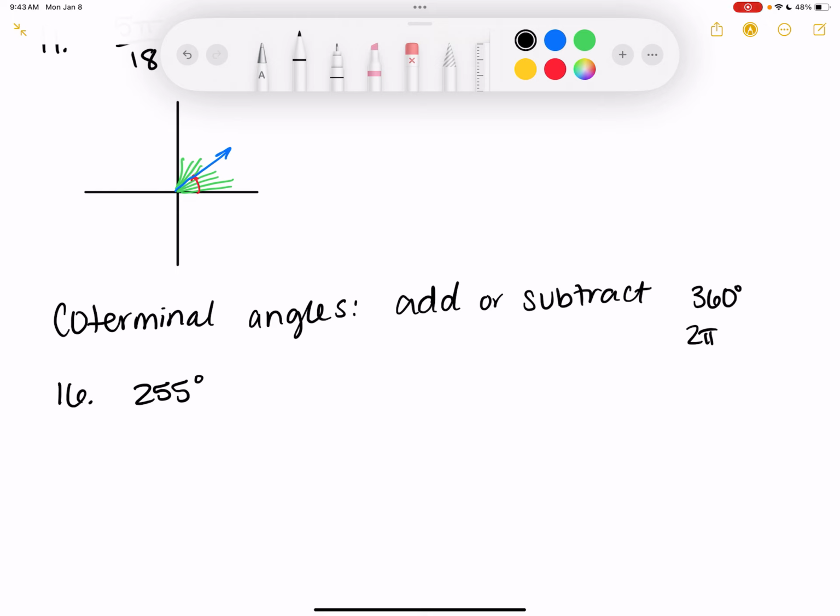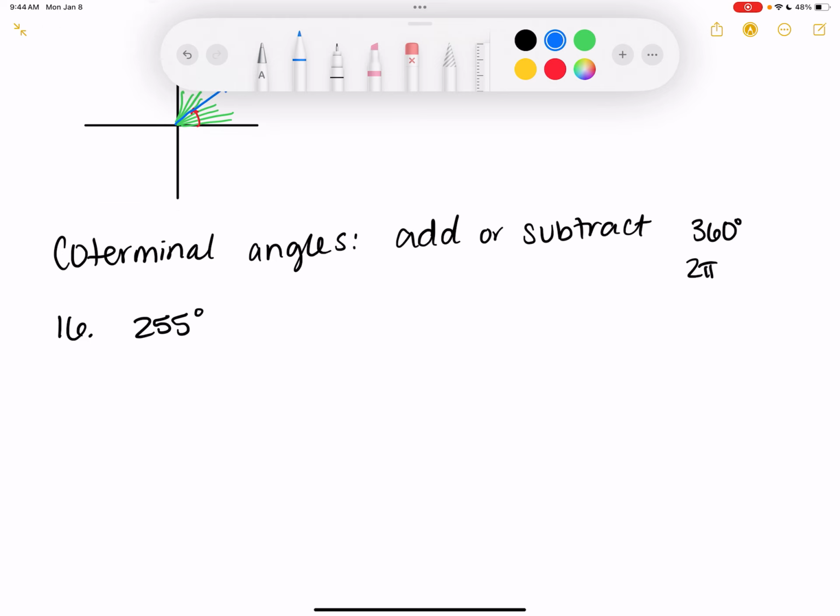Now, there's going to be one positive one that we're going to look at, and there's a couple that you could give me that would all be fine. Obviously, it's not wrong, but one, I don't think you want to do that much math, and two, it just makes life easier. So I'm going to add 360 to this, so 255 plus 360.